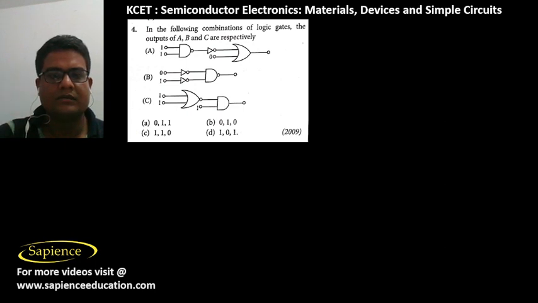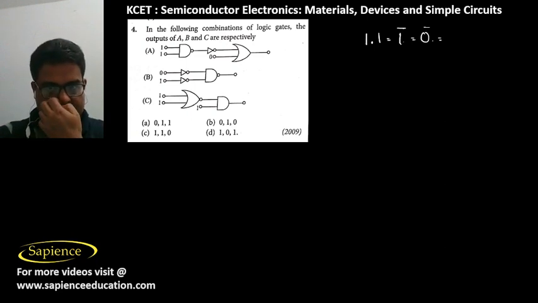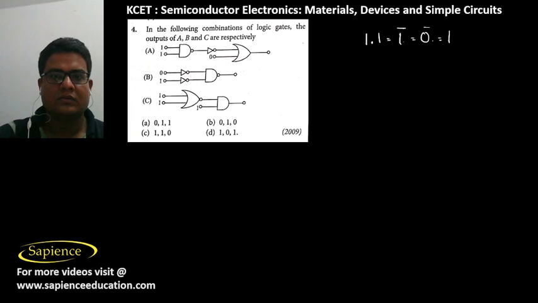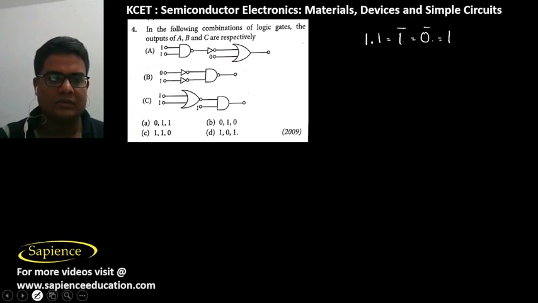So in the output of A, 1 and 1 is 1, and NOT of that is 0, and NOT of 0 is 1.